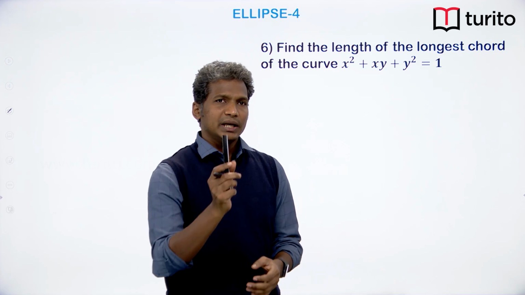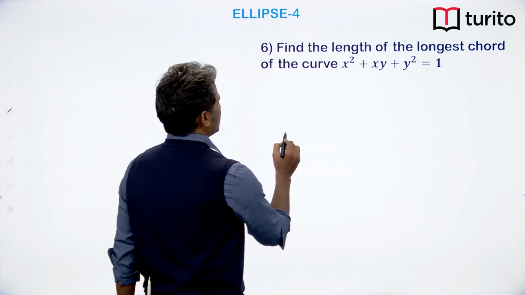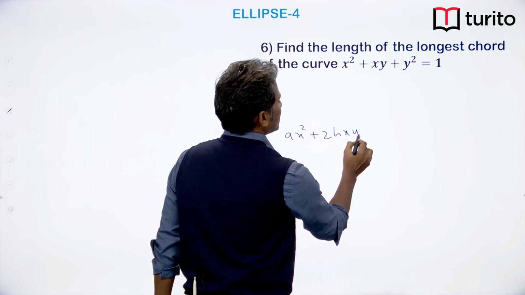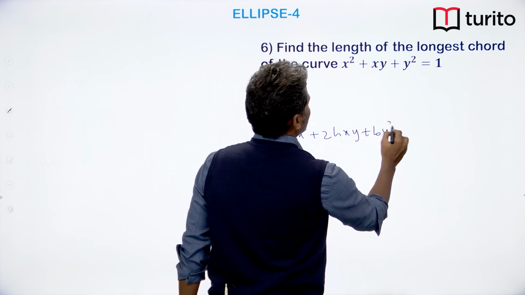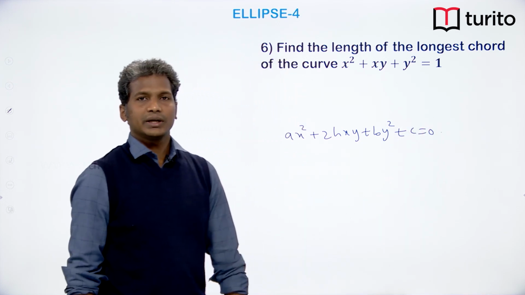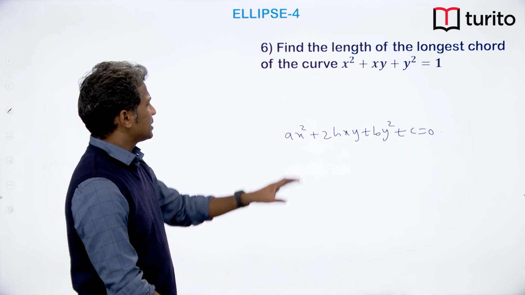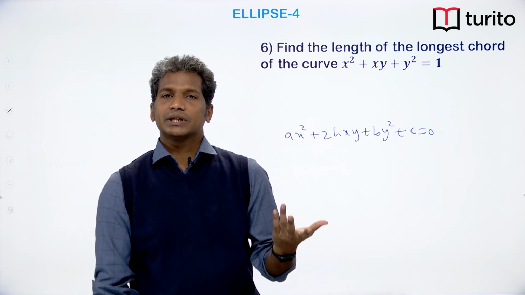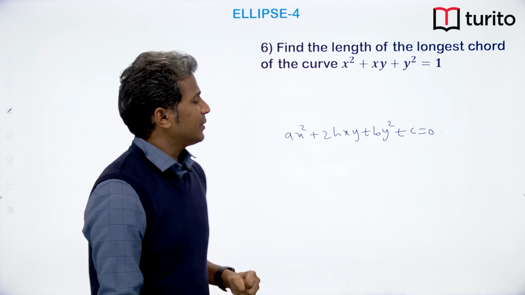Okay. But in general, you can take it as a thumb rule that ax square plus 2hxy plus by square plus c equal to 0 represents a central conic. So this represents a central conic, that means it has a center. What are the central conics? Ellipse and hyperbola. Okay.